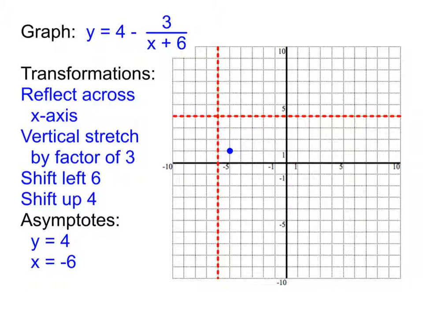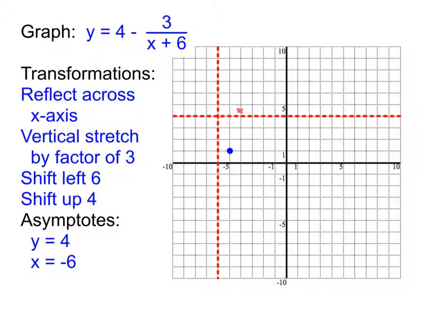All right, now from here, again, you get to select any 2 points you want to over here to plot. Now, a lot of you, you're just going to go to the next whole number that you can see, which would be 2. So let's say you go to 2 next. Well, if I go over 2, how far up do I normally go? 1/2. The reciprocal of 2, of course, is a half, so I normally do that. So I'm going to be going down 1/2 times 3.